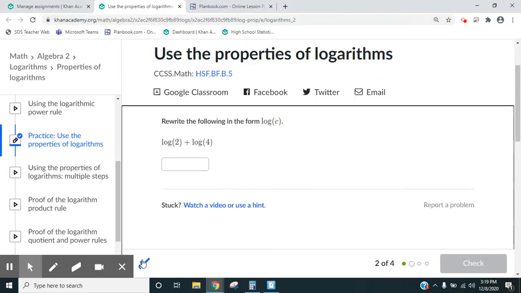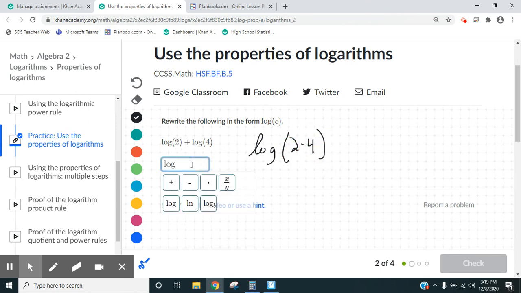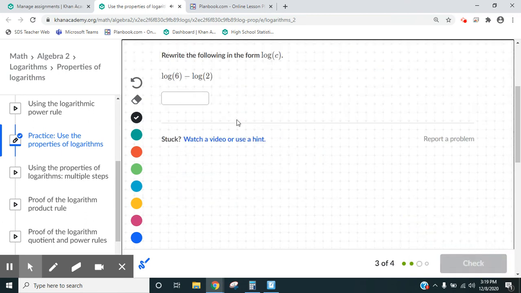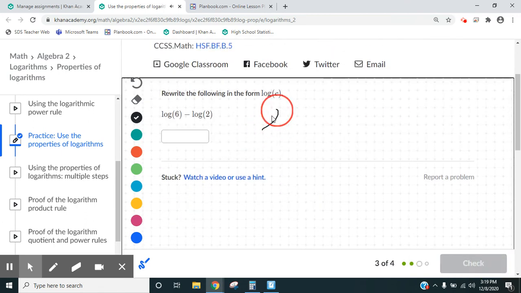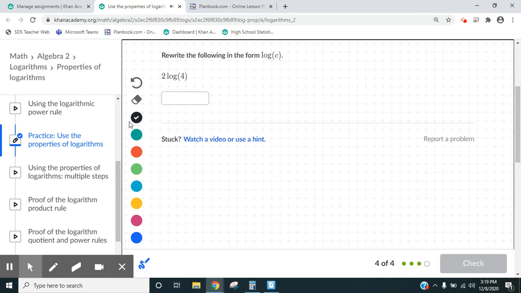All right, so let's do one of these. This is addition. So this is the log of 2 times 4. So I'm just going to write log 8. Do another one. Now it's subtraction. So this becomes division. Log of 6 divided by 2. That's the log of 3. Last one.